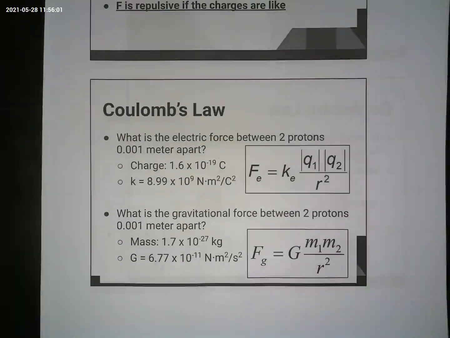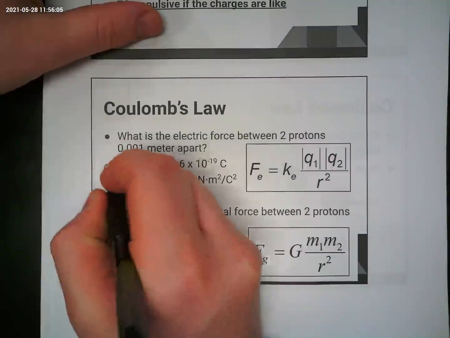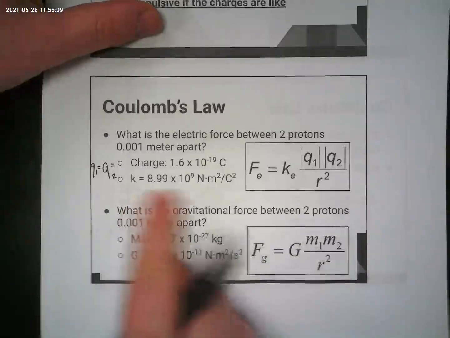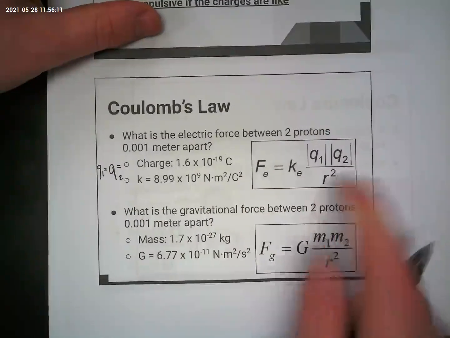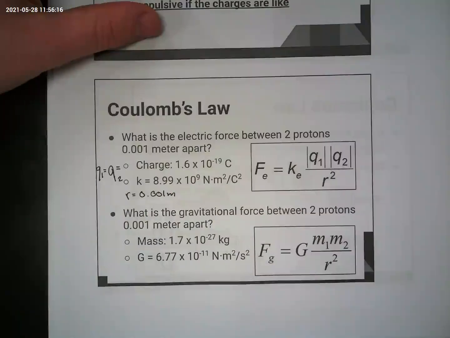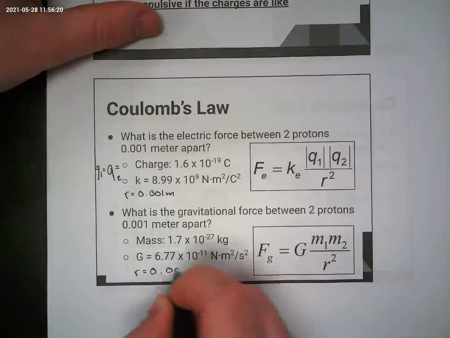We're pretty much given everything we need. We've got the charge, which is going to be Q1 and Q2. We've got K, and we also have R, which is 0.001 meters. We also have R down here as well, the same thing, 0.001 meters.